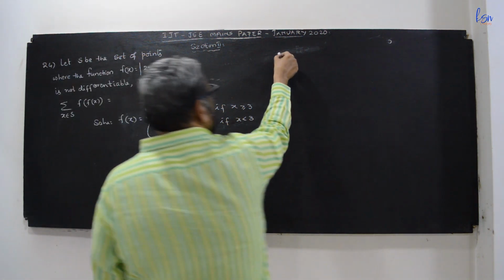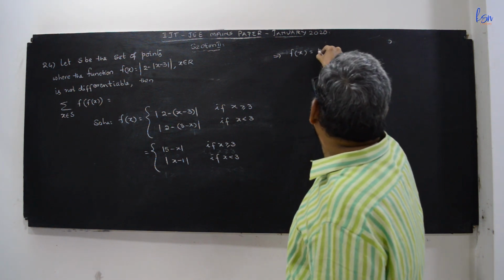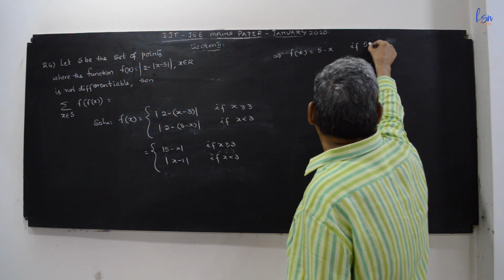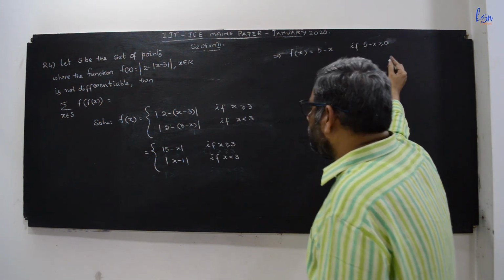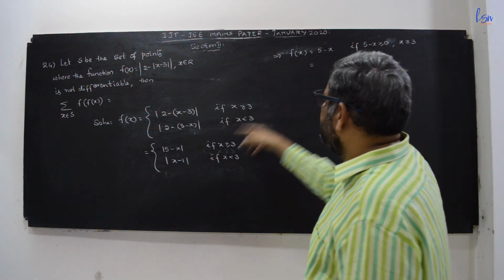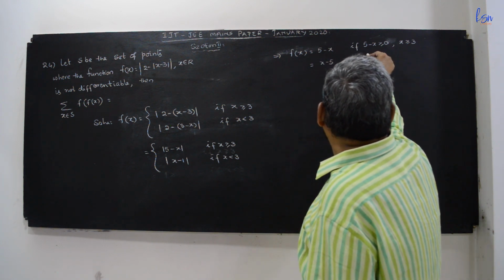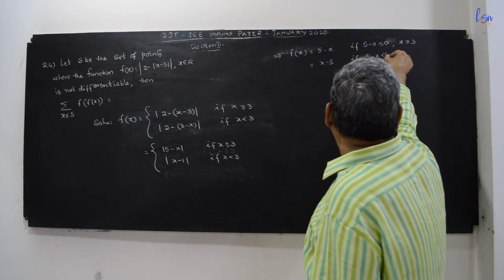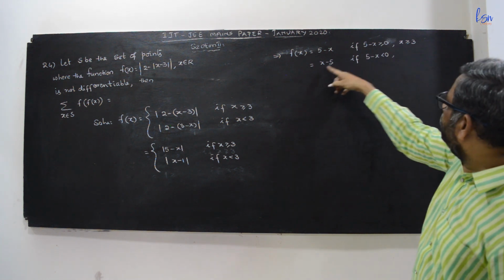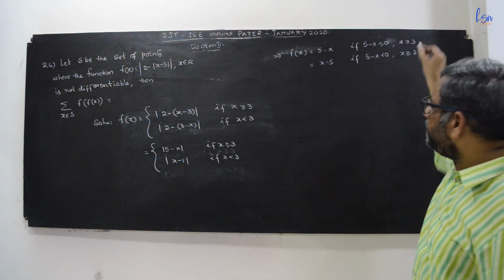Again it can be written as f of x is equal to 5 minus x if 5 minus x is greater than or equal to 0 and x is greater than or equal to 3, and this is x minus 5 if 5 minus x is less than 0 and x is greater than or equal to 3.